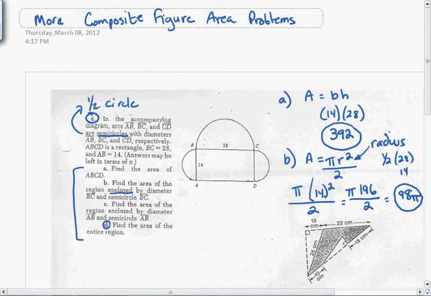Now let's take a look at part C. Part C says find the area of the region enclosed by diameter AB and semicircle AB. So here it's this space right here. And one of the students in class today noted that these two semicircles together make one whole circle. They have the same diameter. It's a rectangle, so if the left side is 14, then the right side is also going to be 14.